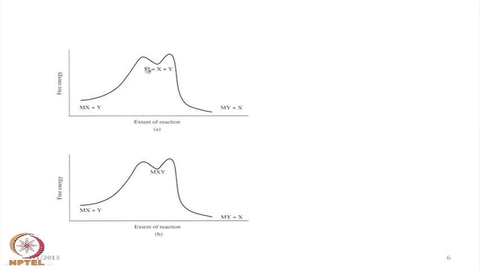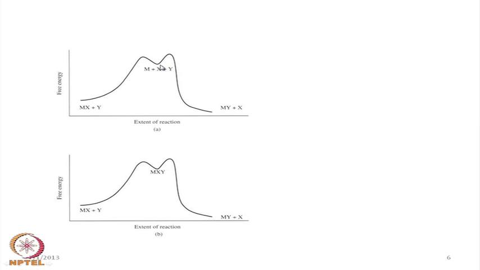That means ML5 is forming and ML5 will have some stability at this particular point. This stabilized point, the dissociated form, has some stabilization, then it reacts with Y forming the product, which is ML5Y. Here also, due to the extent of reaction, the associated form has some stability.